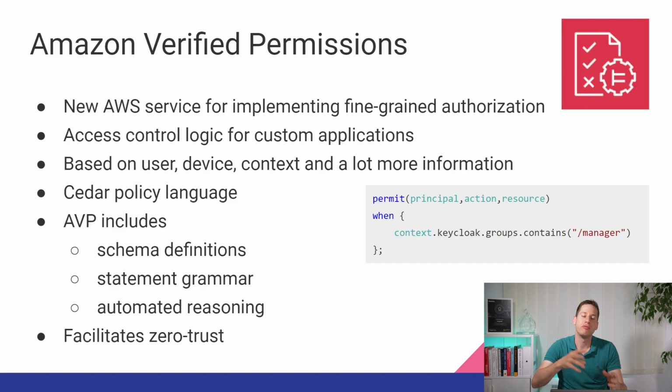You can have different roles, like an administrator who is using your application, or different types of users based on roles, who you would like to have different access in your application. You need to perform an authorization and check if that role is administrator or manager or something else, and allow only certain actions. This is something that you need to implement in an application, but you can also use Verified Permissions for it.